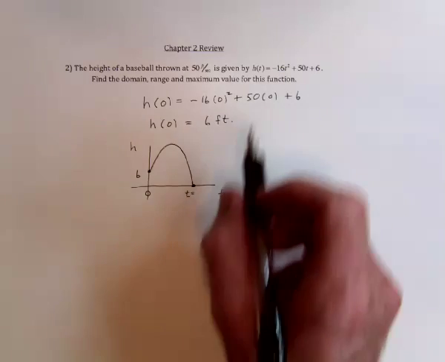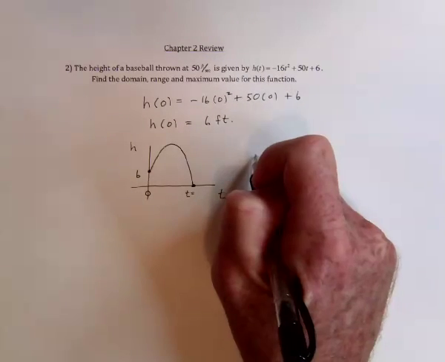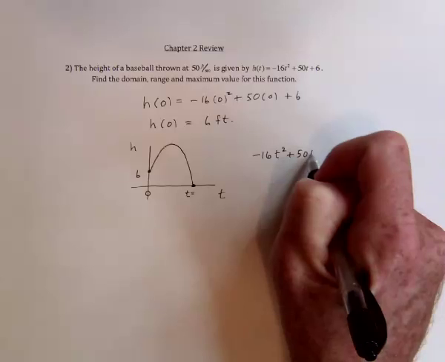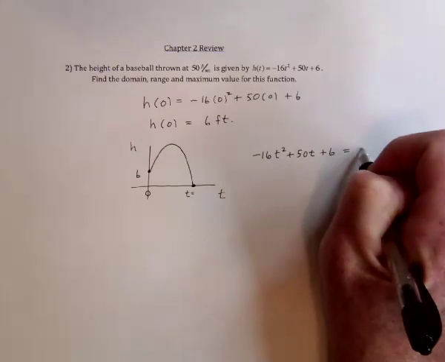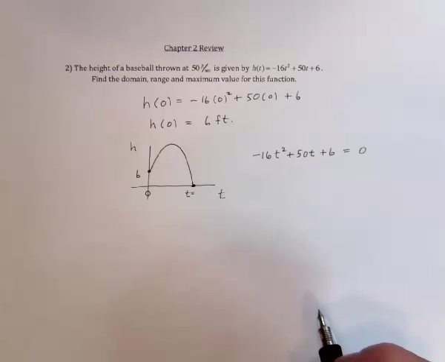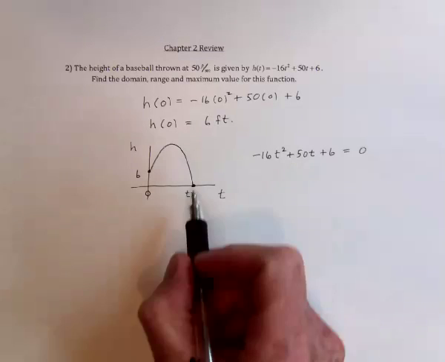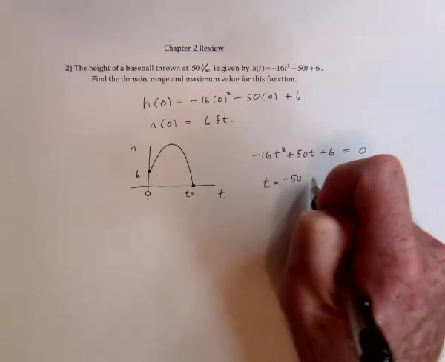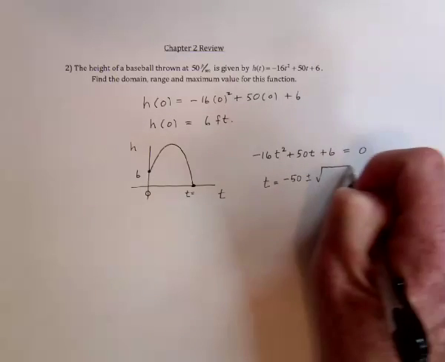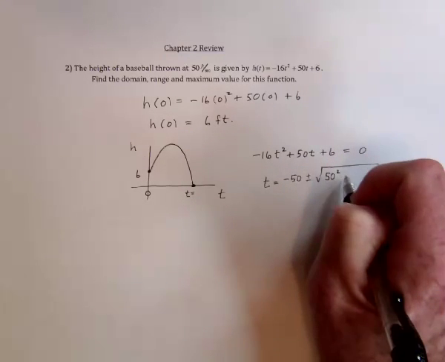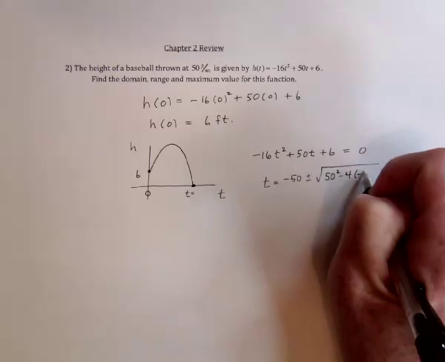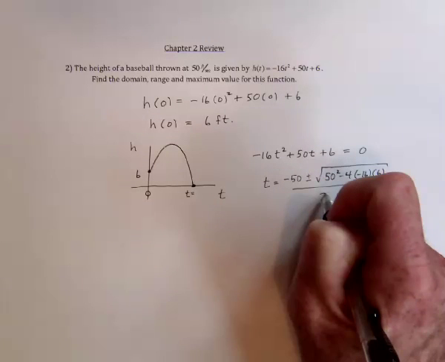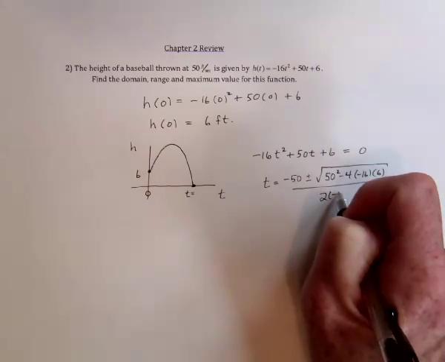So I could set the equation equal to 0, negative 16t squared plus 50t plus 6 set equal to 0, and then use the quadratic formula to find out when it's going to be on the ground. So it's going to be t equals negative b plus or minus the square root of b squared minus 4 times a times c, all divided by 2 times a.